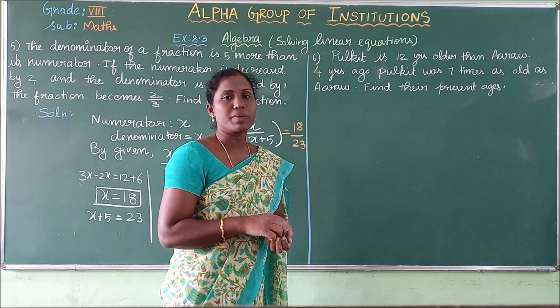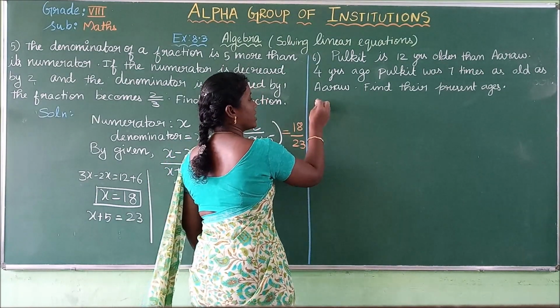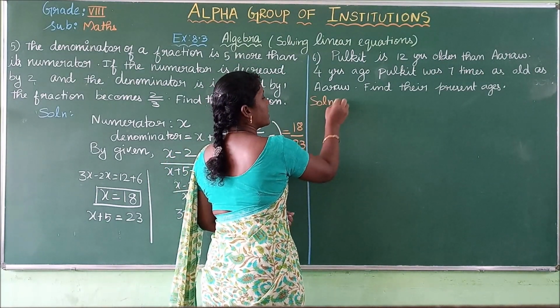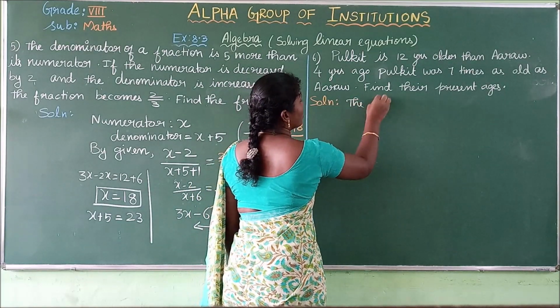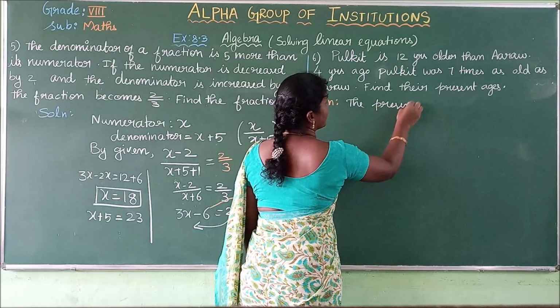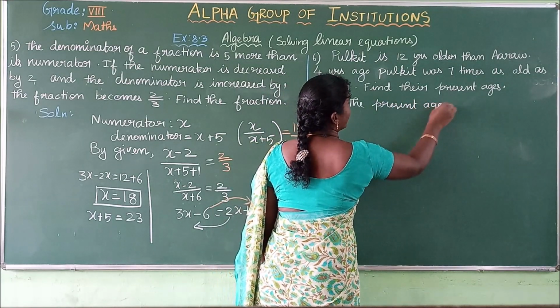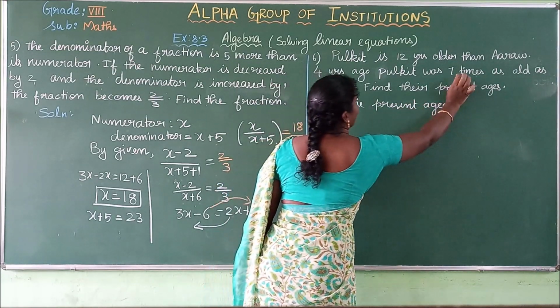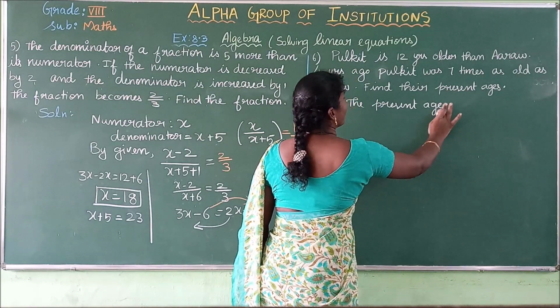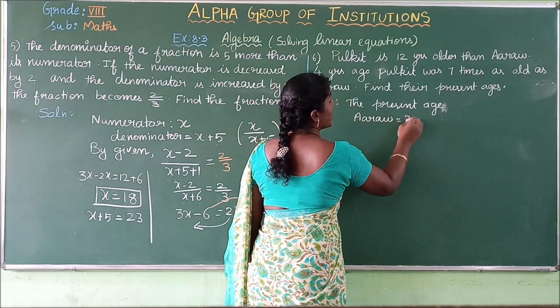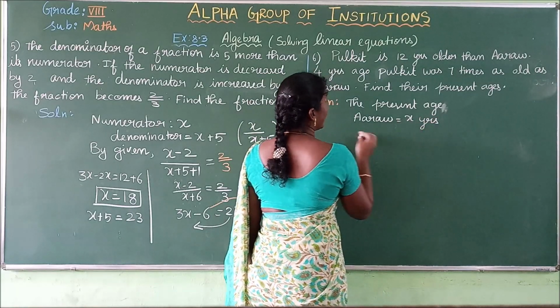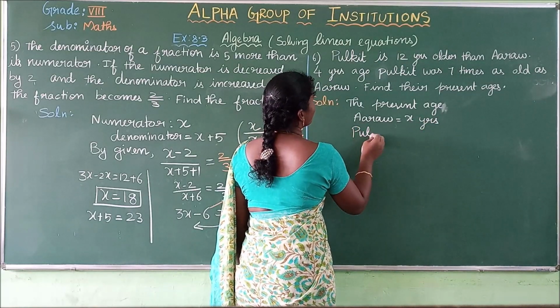First, we don't know their present ages, no? So we are going to take the present age of Arav equal to x years.